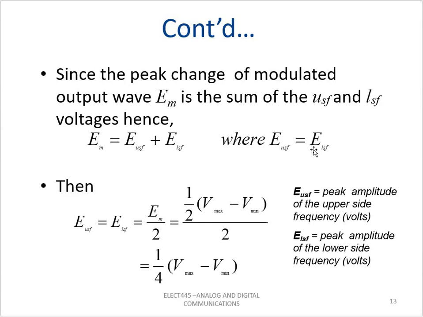If these two are the same, then E USF is equal to E LSF, which is equal to Em divided by 2, which is equal to 1/2 (Vmax minus Vmin) divided by 2, and if we divide 1/2 by 2, we can calculate 1/4 (Vmax minus Vmin). So this way we can get E USF or E LSF.